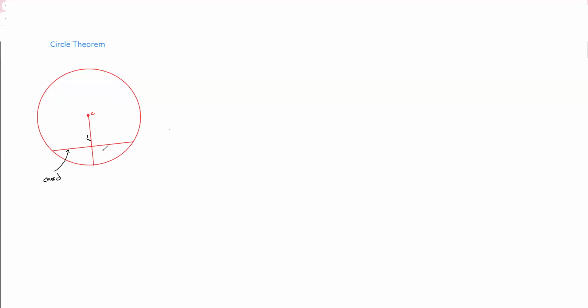I'll put it as R. It's going to cut it at 90 degrees. Right, so it's going to cut it at 90 degrees. Now, right, so this is the radius.